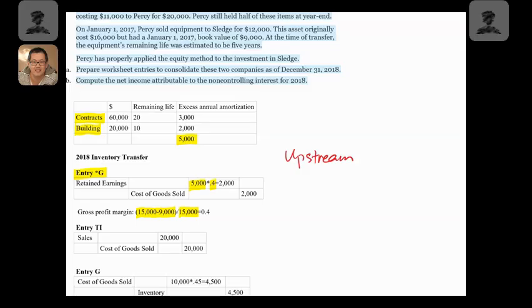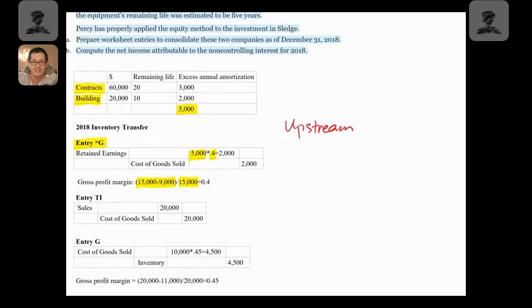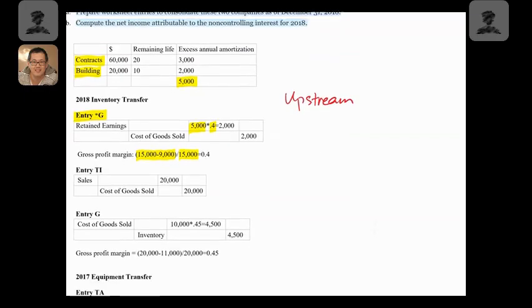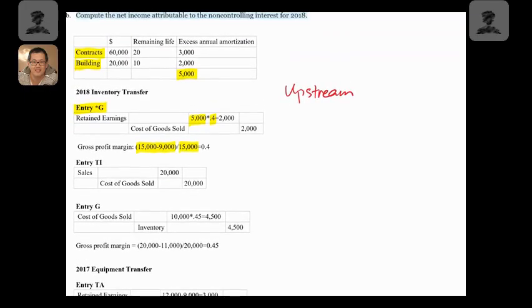So the next entry is entry TI. Entry TI is to eliminate current year intra-entity sales. So debit sales 20,000 and credit cost of goods sold 20,000. The last one is entry G. Entry G is to defer the unrecognized gross profit in this current year's unsold inventory.